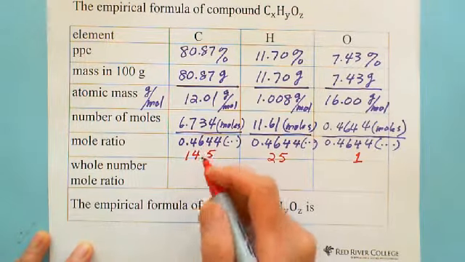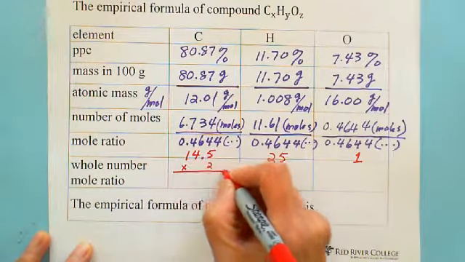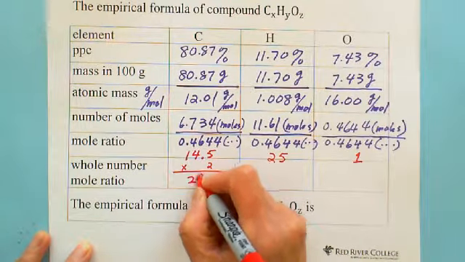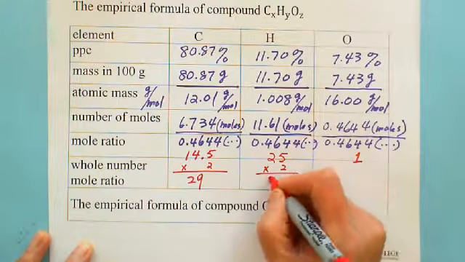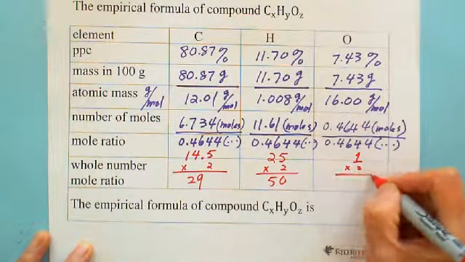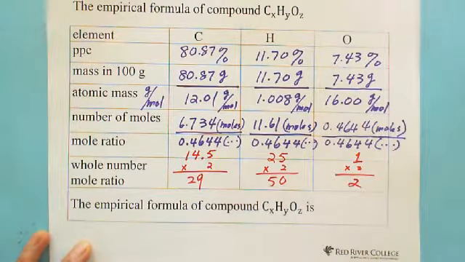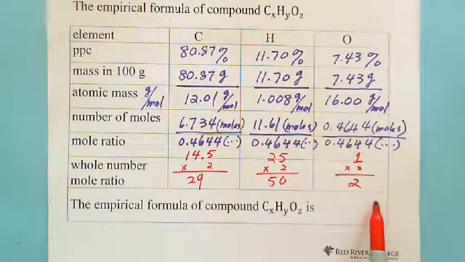So multiply this one by 2, you got 29. Multiply 2 for that one, we got 50. Multiply 2 for this one, you got 2. And the whole number ratio of carbon to hydrogen to oxygen is 29 to 50 to 2.